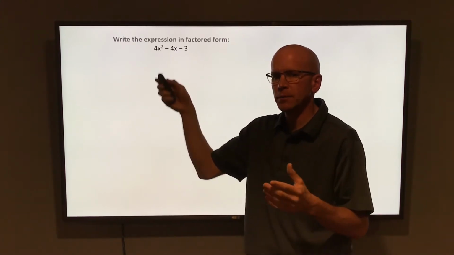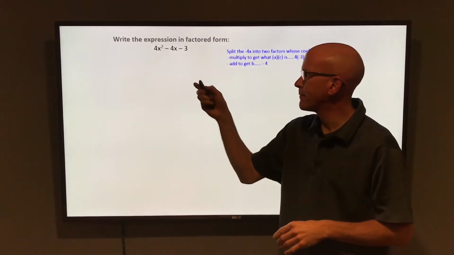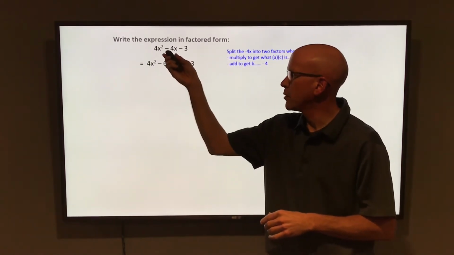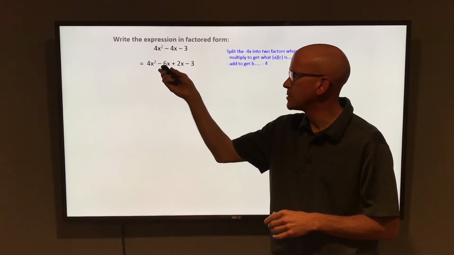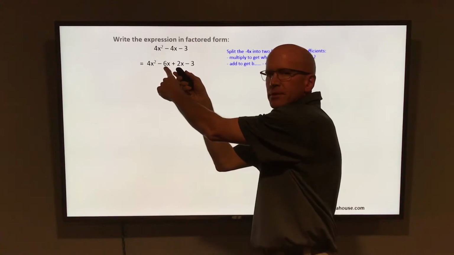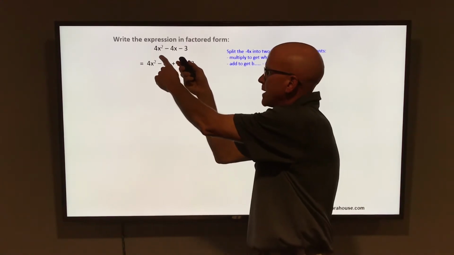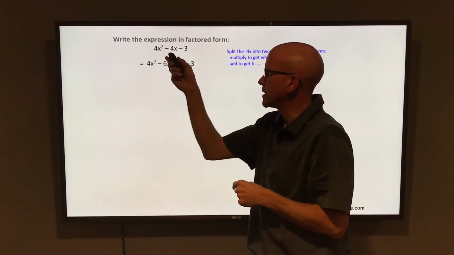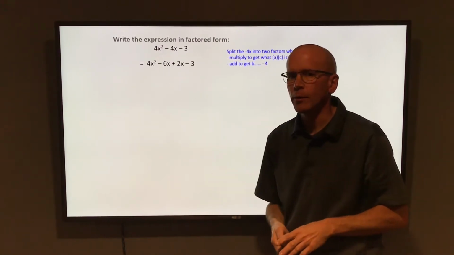The 6 is going to be negative. So we're going to split that negative 4x into negative 6x and 2x. Take that middle term, negative 4x, split that into these two terms, negative 6x and 2x. The coefficients multiply together to get negative 12, what 4 times negative 3 is, and add together to get this middle coefficient of negative 4.